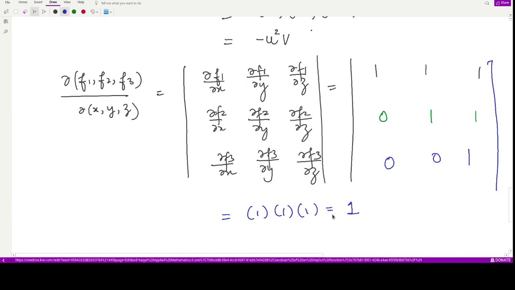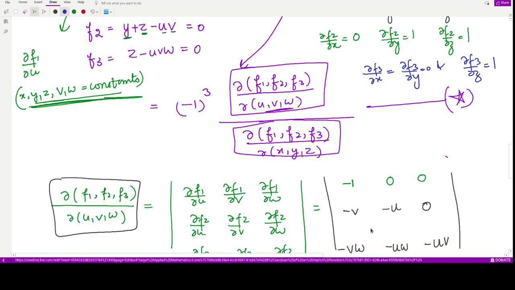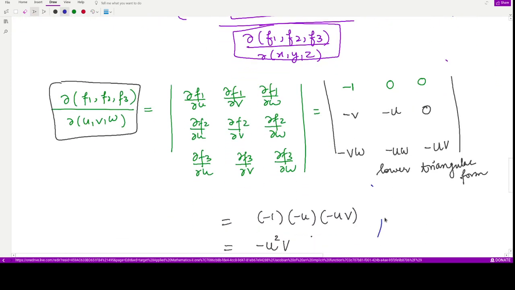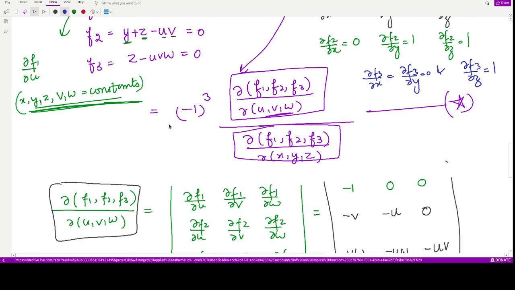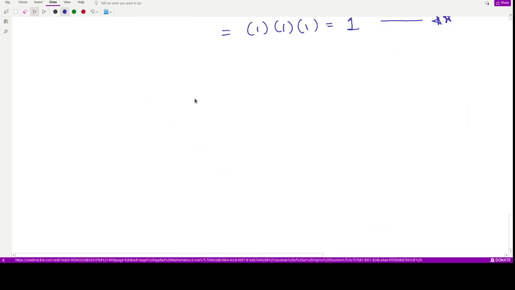So now substituting this value, say double star, and this value, triple star, in the equation star, we have the value of the Jacobian of x, y, z with respect to u, v, w.